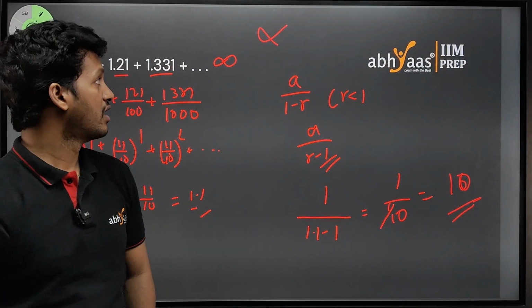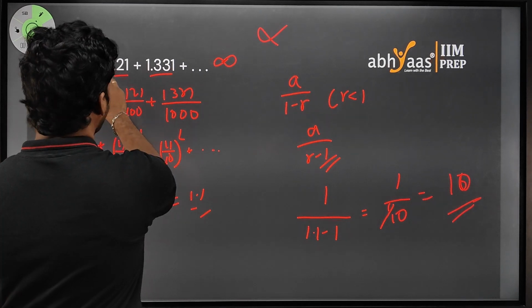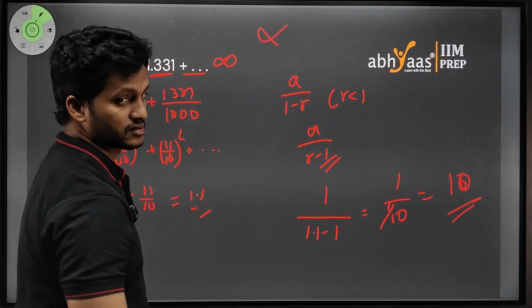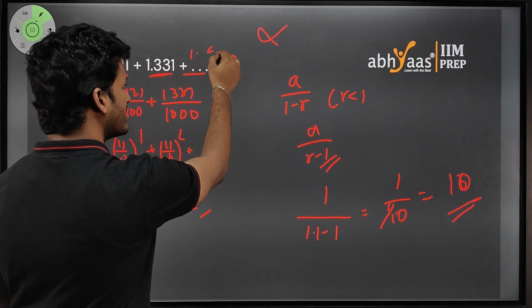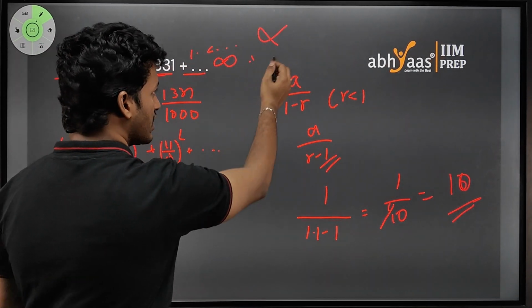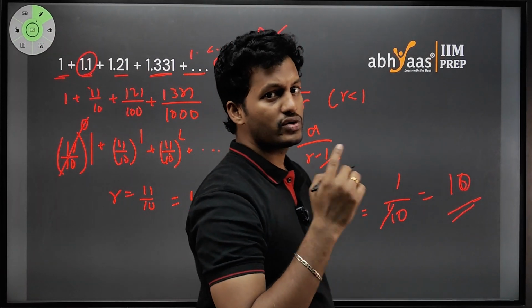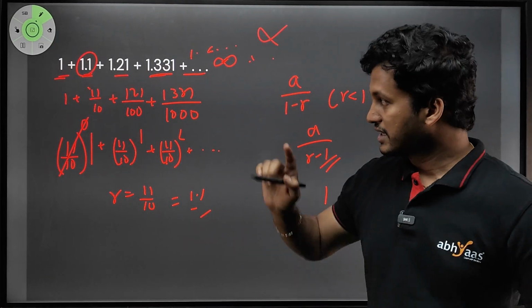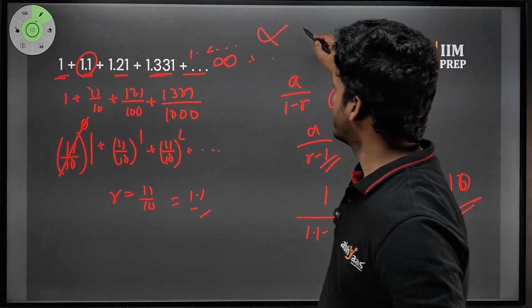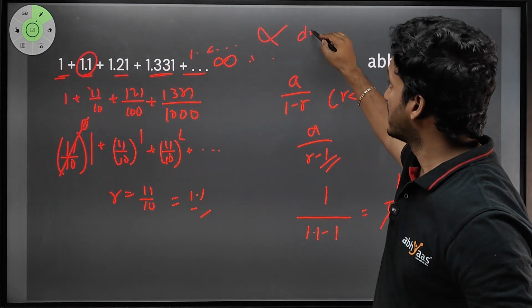Do you know why? Yes, whenever I increase the numbers like this, if I go infinite, the next term would be again 1 point something and something else. If I continue like this for infinity, the answer would be infinity. That means the series is divergent.